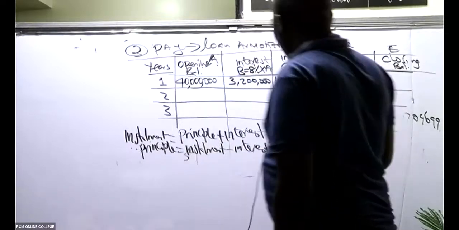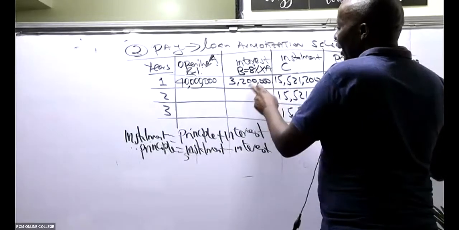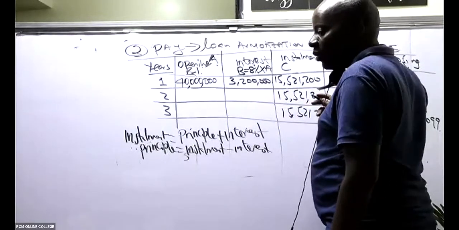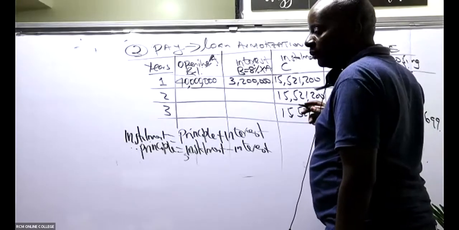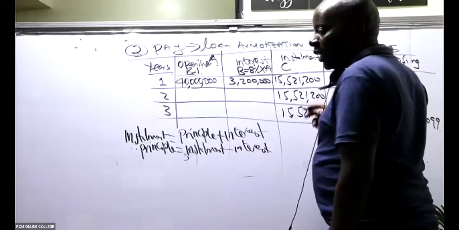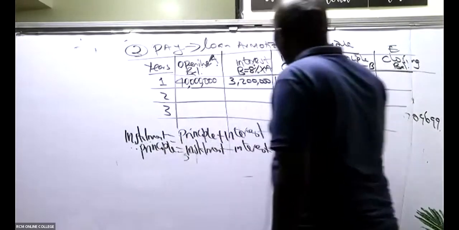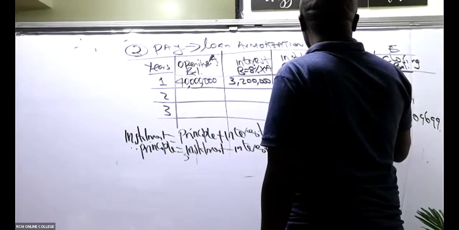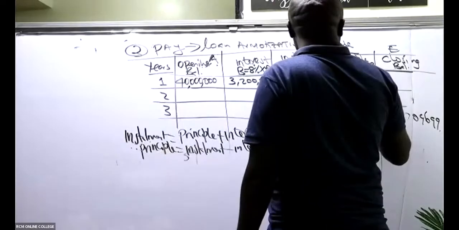The first principal, somebody here. A great ninja here called Hope: 12,321,200. Thank you so much.